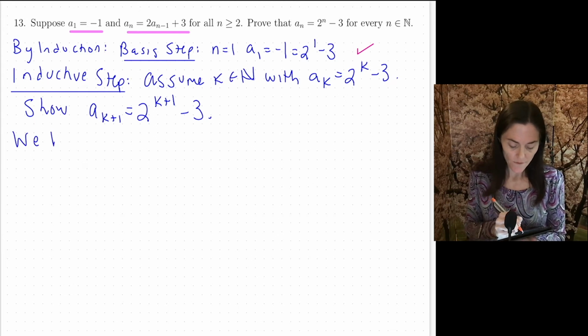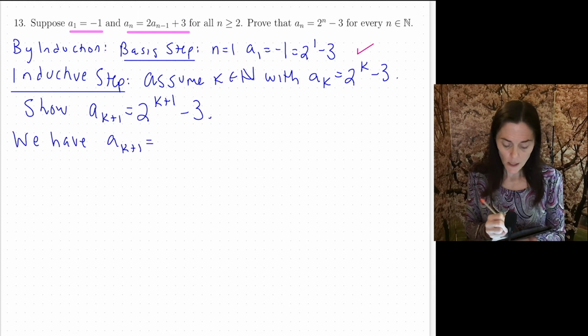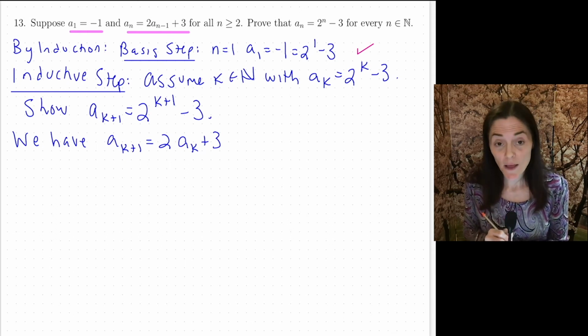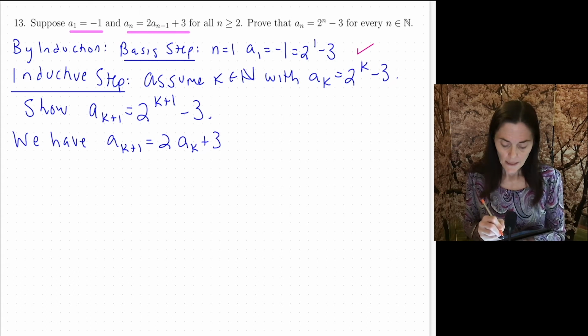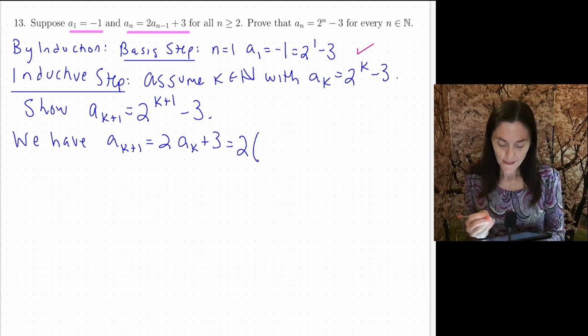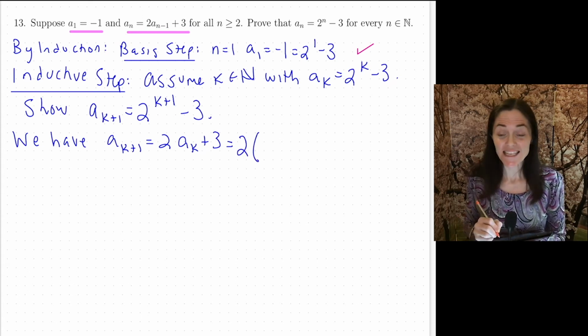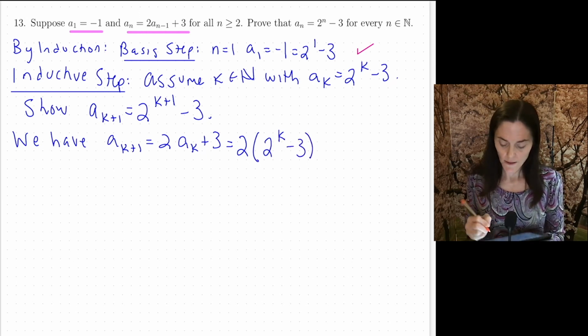So we have the following, that a_(k+1) equals 2a_k plus 3. This was not the inductive hypothesis. This is the defining recursion. Now I can use my inductive hypothesis. a_k is 2 to the k minus 3, and then I have plus 3.